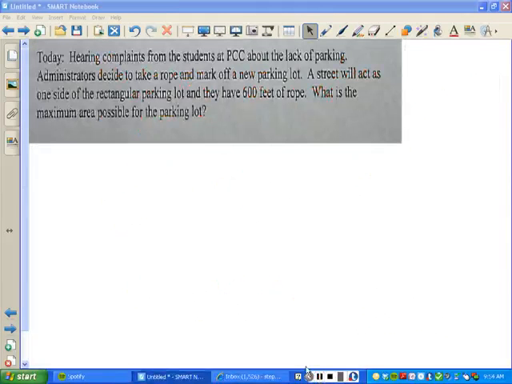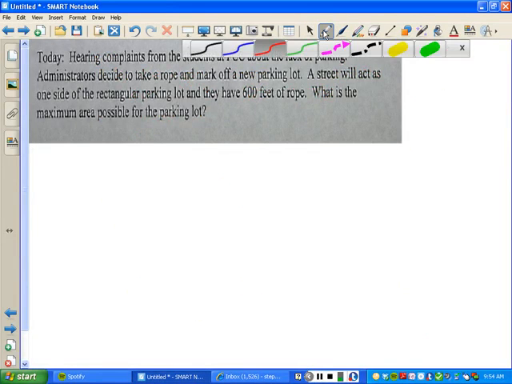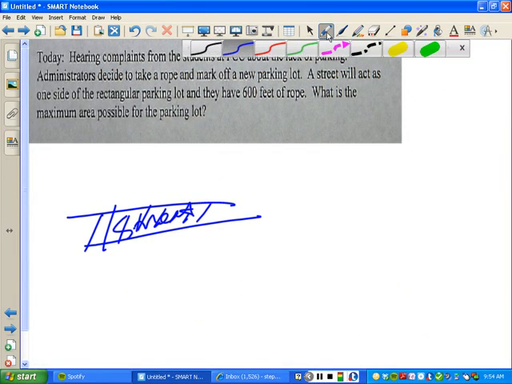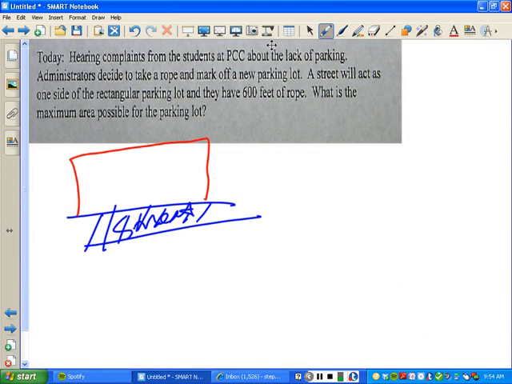All right, so we've got parking problems. We're going to take 600 feet of rope and mark off a new parking lot. We have the street here, and we're going to mark off a new parking lot. Now, what's the maximum area possible for the parking lot? If this is x and this is x, then we've used up 2x.